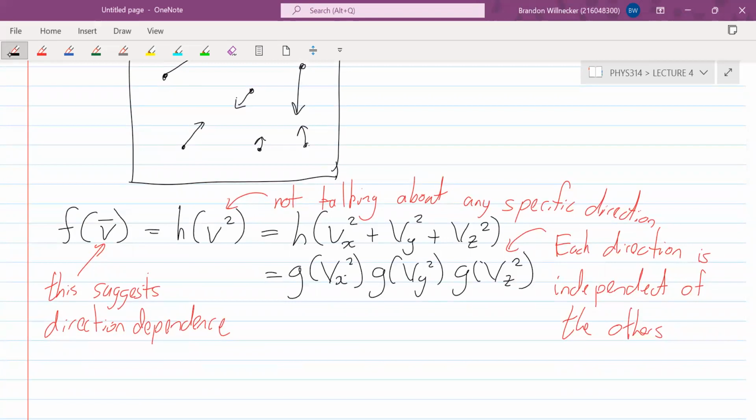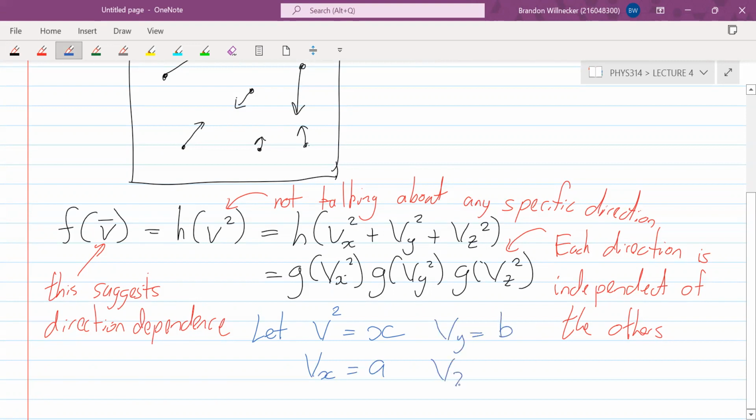Now we're going to be doing a little change of variables just to simplify things. So v squared, we're going to call x. vx, we're going to call a. vy, we're going to call b. And vz, we're going to call c. It's just to make things look a little bit better.